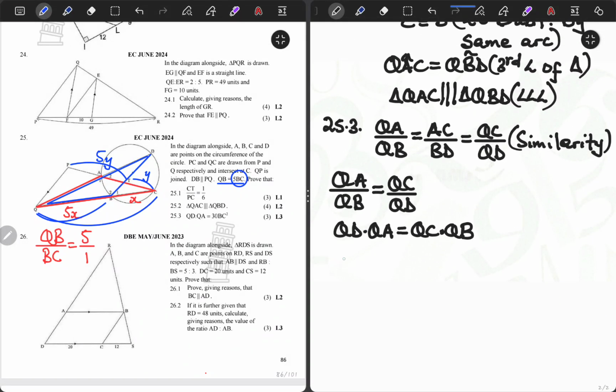So we'll say QD multiplied by QA equals QC, multiplied by QB, which is 5 BC.